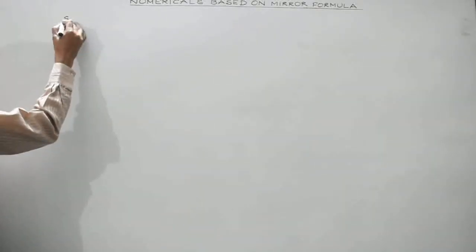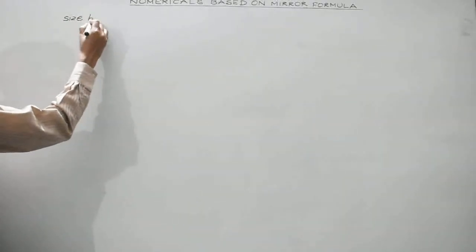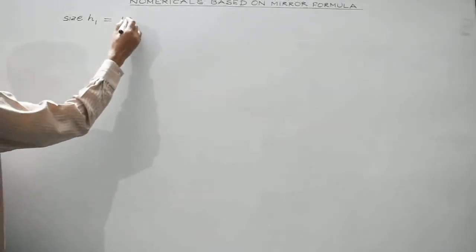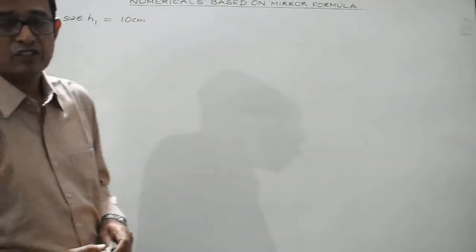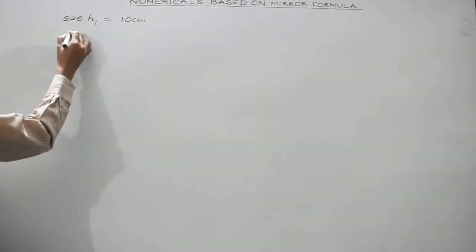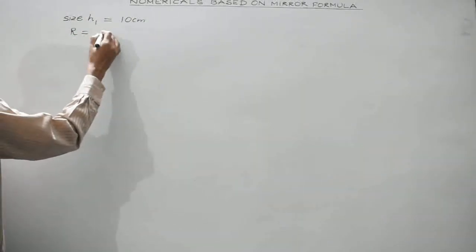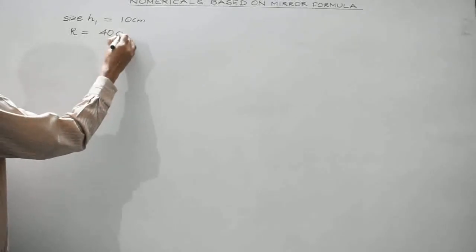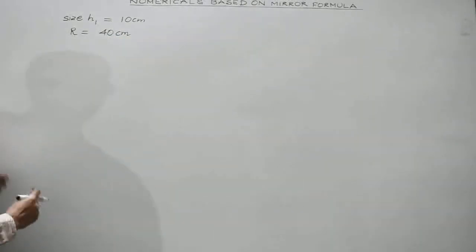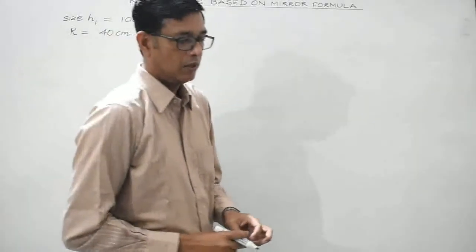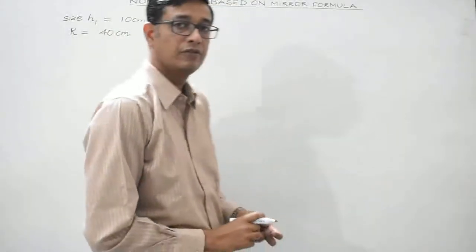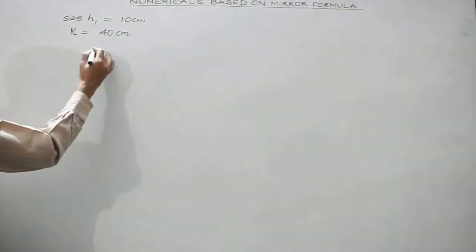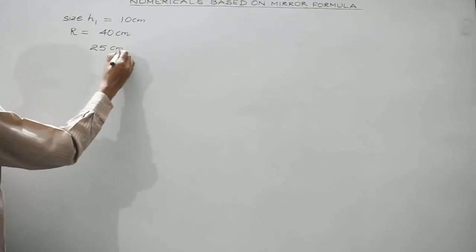Let us consider an object of size 10 centimeter placed in front of a concave mirror of radius of curvature 40 centimeter at a distance of 25 centimeter from the concave mirror.